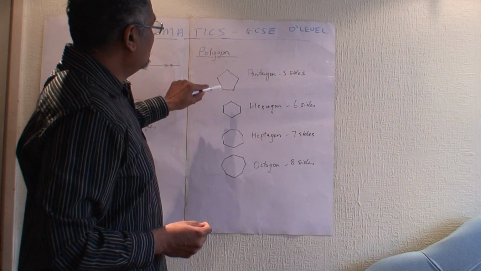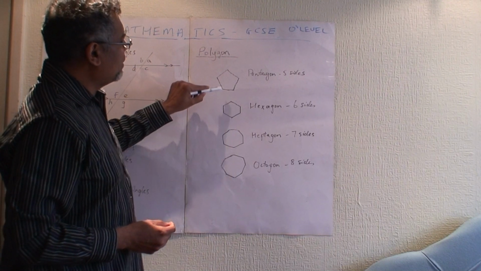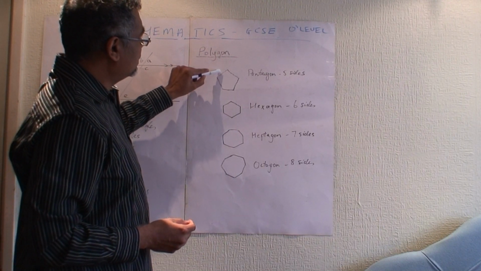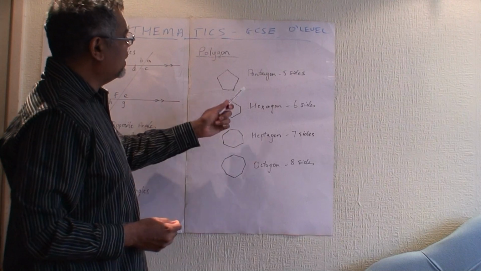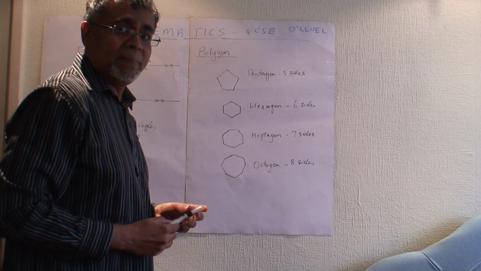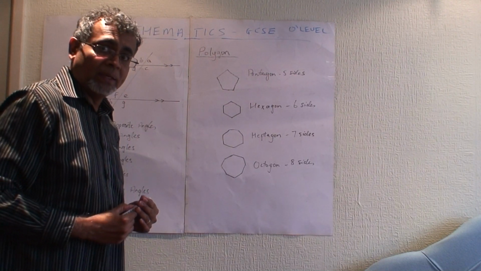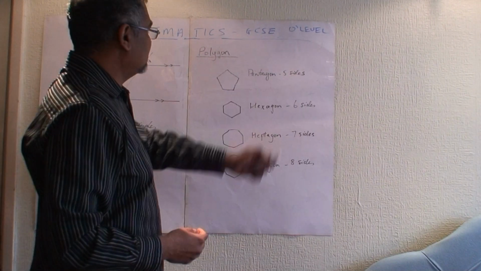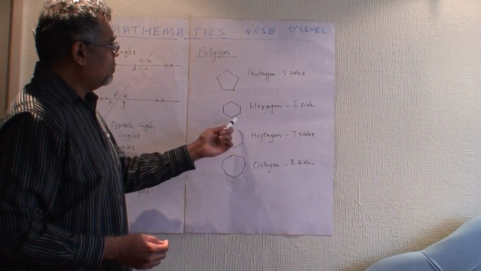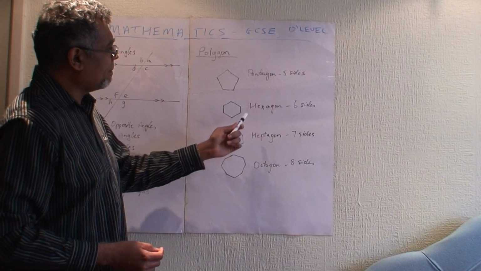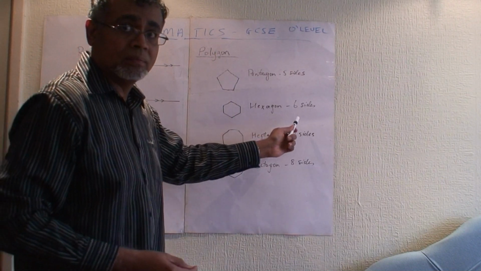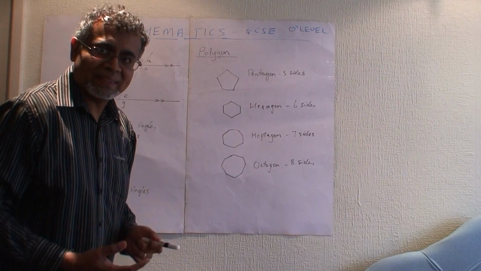Now we have a shape that has 5 sides, and we call that one a pentagon. The pentagon has 5 sides. The shape that has 6 sides is called a hexagon.